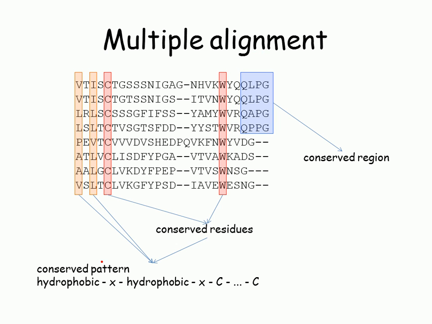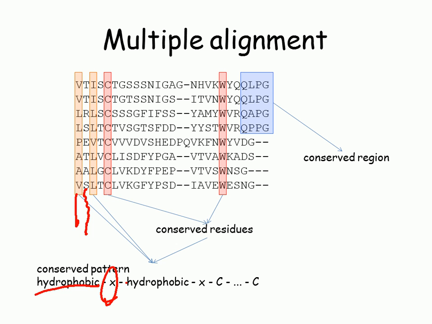You can summarize a conserved pattern of residues by something like this. So you say, I have a hydrophobic amino acid, and then there's no real pattern in the second column. There's no real conservation or constraint on the second column. So I just have an X there.